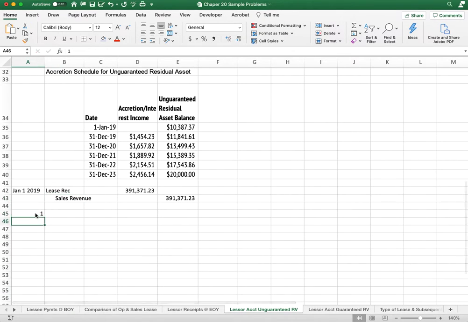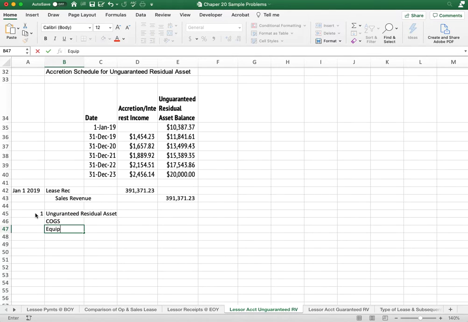Also, on the first, we need to account for the unguaranteed residual asset. So we'll have our unguaranteed residual asset, our cost of goods sold, as well as equipment leased to others.